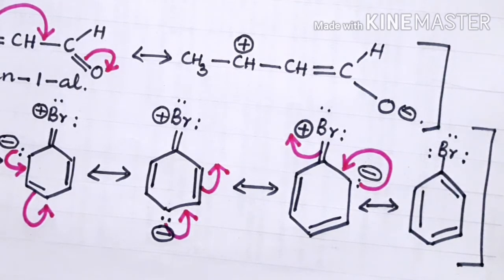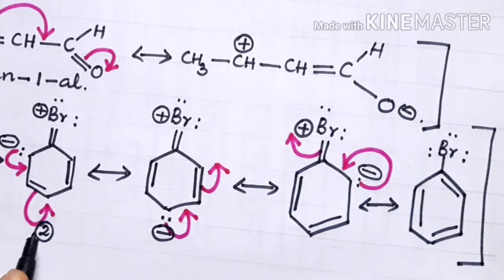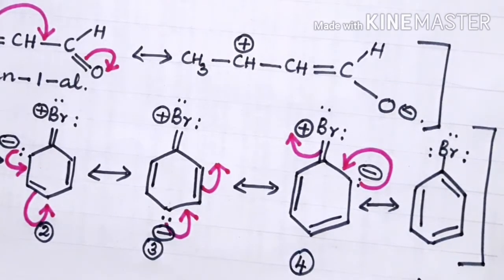So we have bromobenzene with a total of 5 different structures, and the actual structure is a resonance hybrid of all these structures. Hope you have understood what resonance is now.